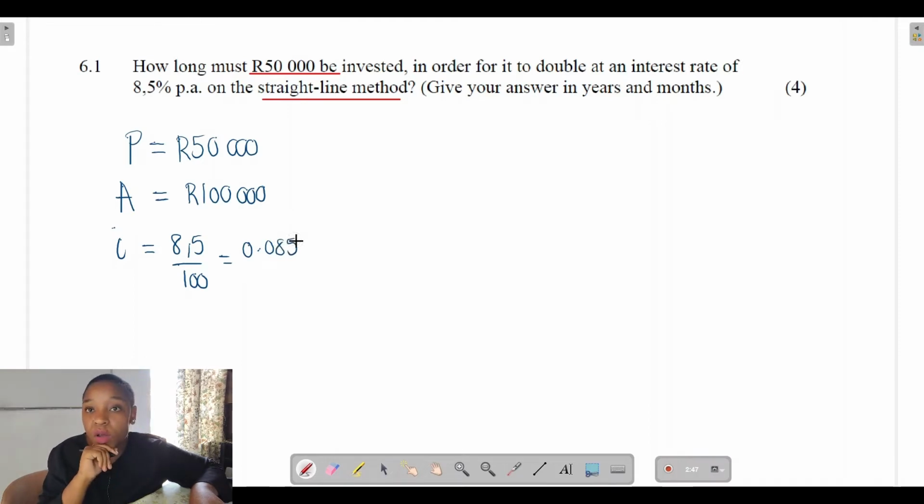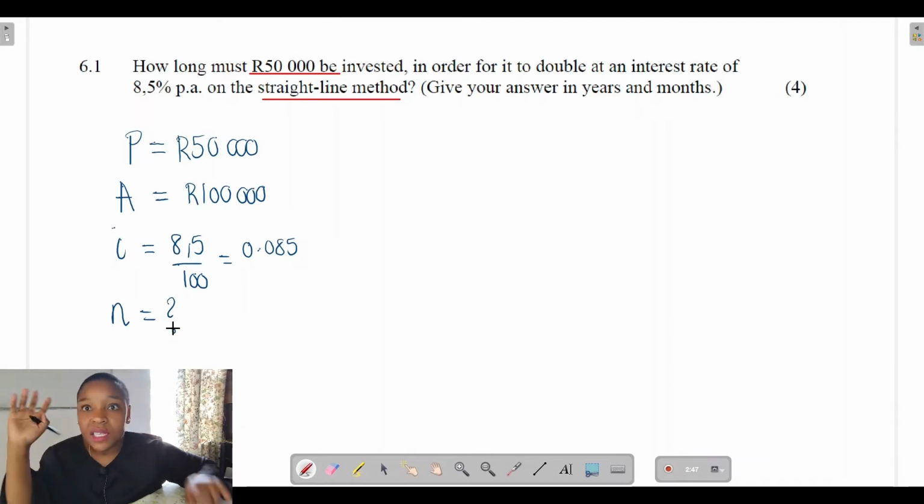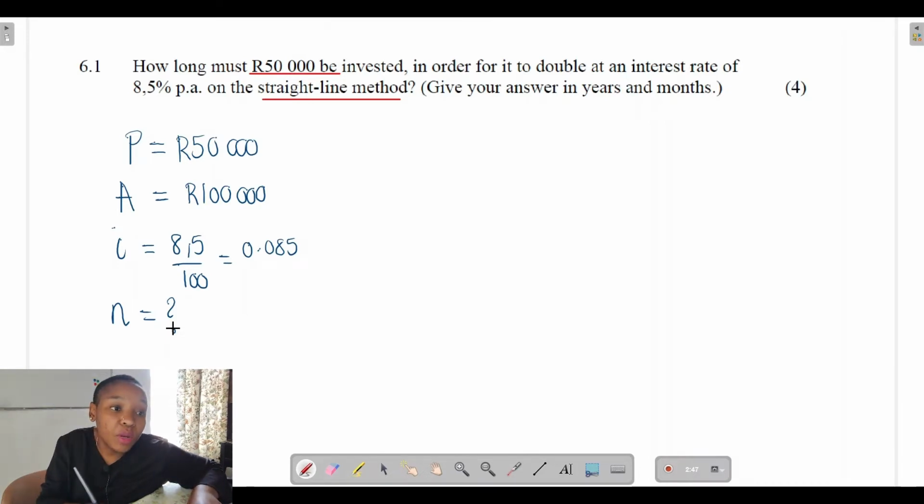So that is the value of our i. And what are you looking for? You're looking for the value of n: how long must this 50,000 be left in that investment account for it to double, that is the value of A, at an interest rate of 8.5%.